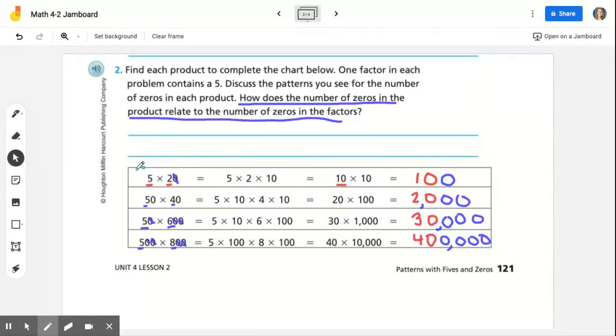So on the side, I'd like you to draw the number 1 to represent 1 zero. And then for our answer, 100, how many zeros are in the number 100? 2 zeros. So mark a little 2 over there to represent 2 zeros. I'd like you to do the same process for the remaining 3 multiplication sentences, marking how many zeros on the side for the multiplication sentences and how many zeros for the products.